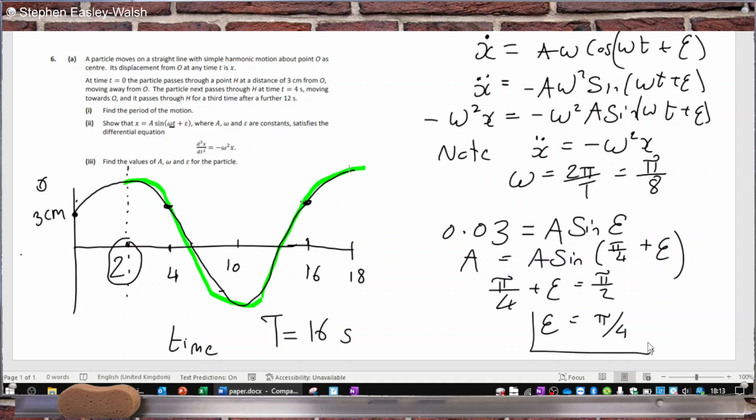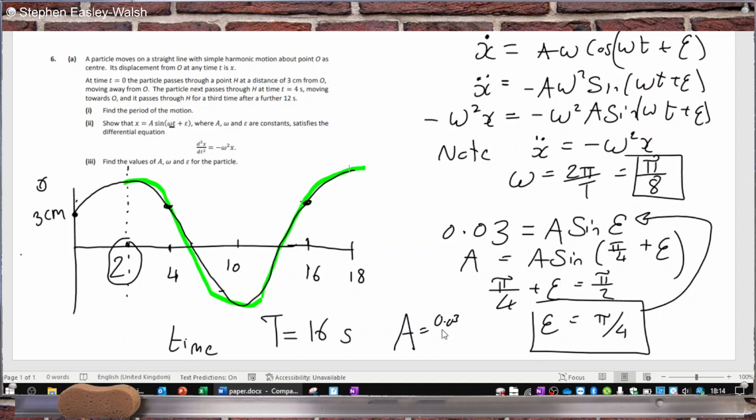So I have the epsilon and I have the omega. So all that's left now is to get the amplitude. Oh yeah, and just put it back in here. So then I get the amplitude is 0.03 over sin(pi over 4).